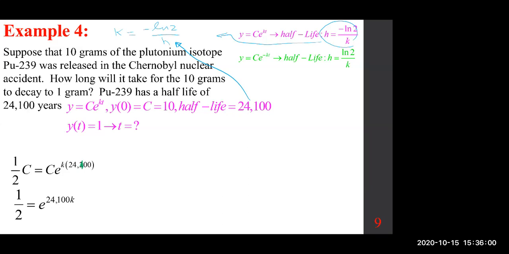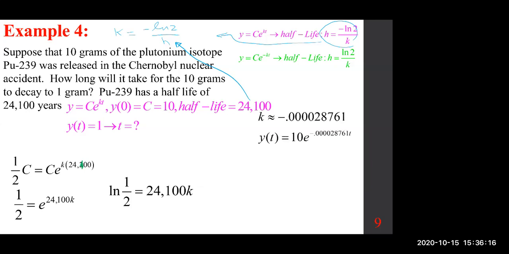In any event, you take a natural log. And of course, remember, ln of 1/2 is ln1 minus ln2, or minus ln2. We've gone through that. And so we can find k from here to here. So k is found.